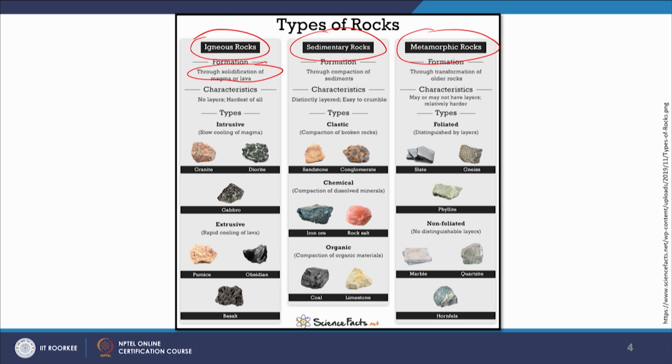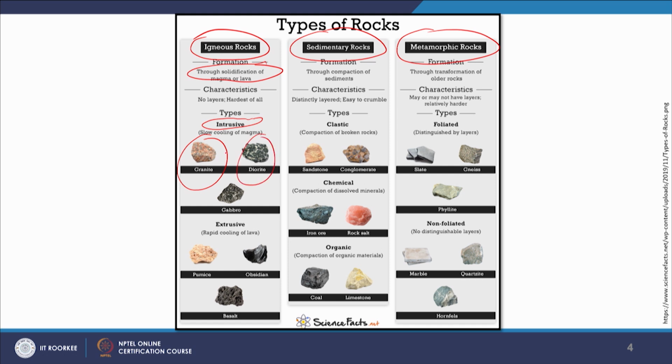So there were successive flows, and not through a typical volcano, which has not been identified in the case of the Deccan trap. It was through fissures that the magma was coming, and then there might be some intrusive rocks also, which may cool down slowly under pressure and temperature conditions, and they can become rocks like granite or diorite.